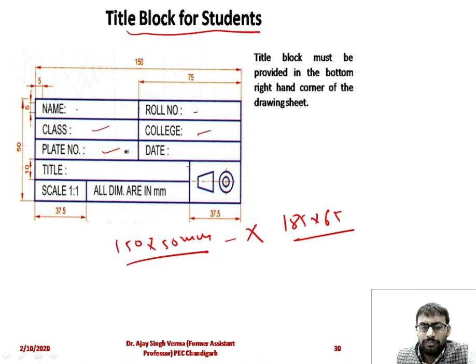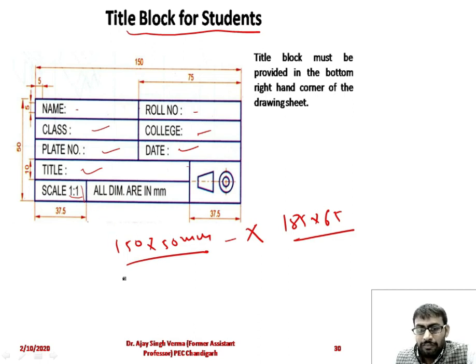Some students don't have a plate number. Then the date of making the drawing and the title of the drawing. And the scale is 1:1. If you go for 1:1, you put 1:1 here. If you go for a reducing scale, you put the ratio here.